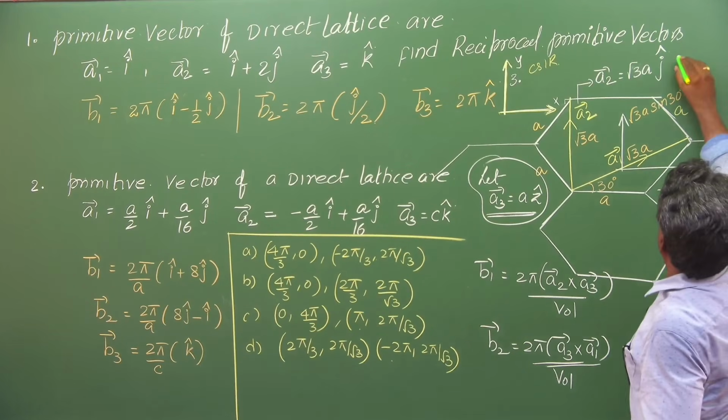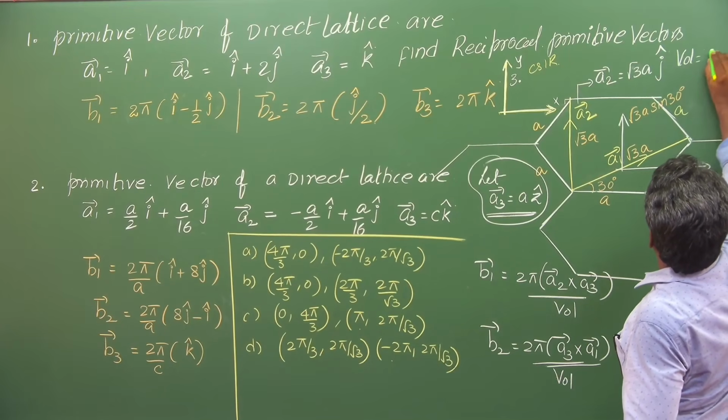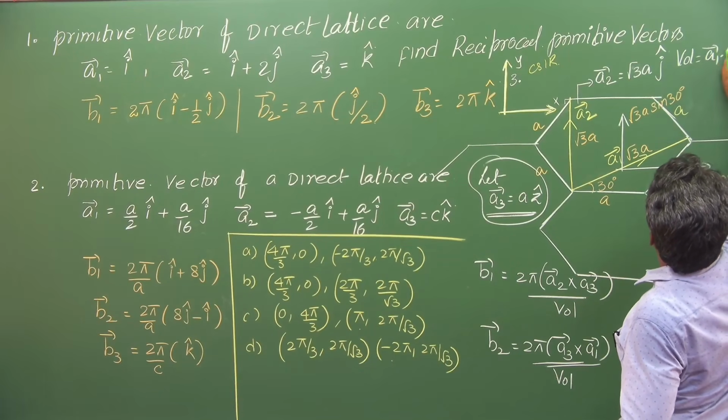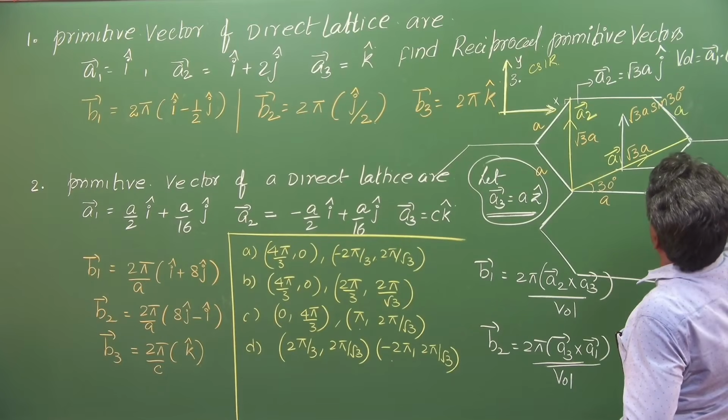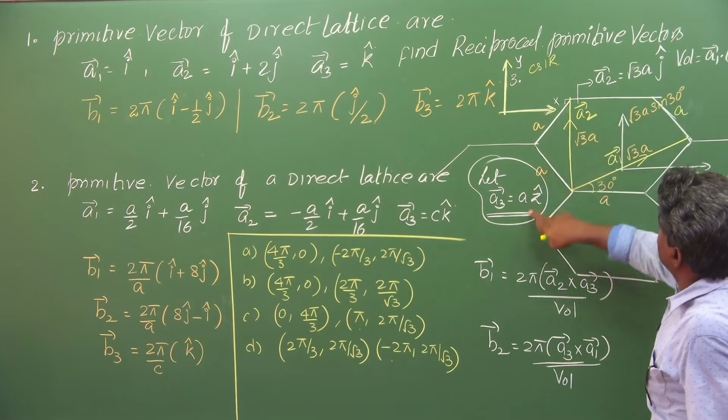Don't go for the determinant, because it is easy if you observe carefully: A1 bar dot A2 bar cross A3. A2 bar cross A3 is easy to find.